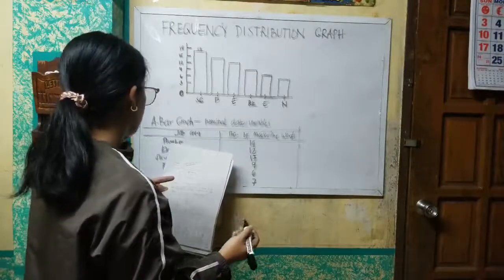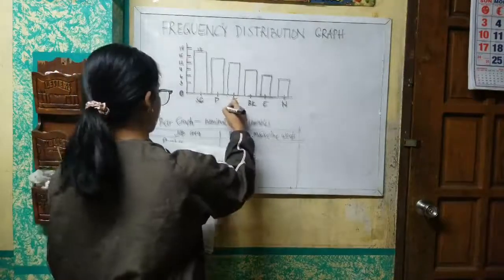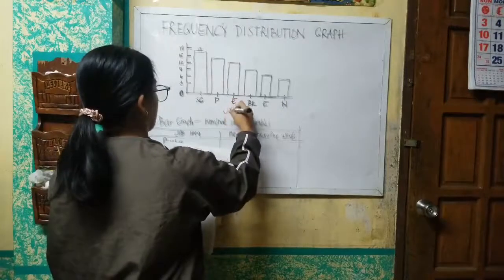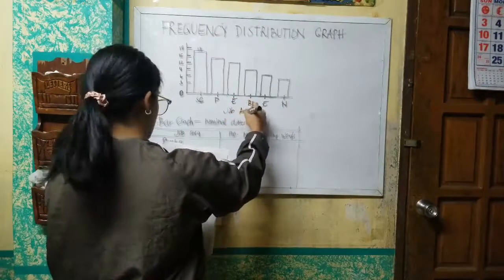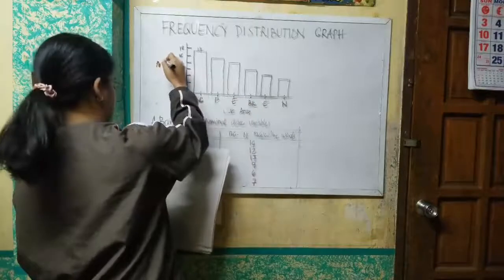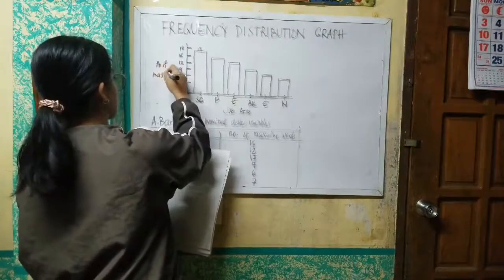And you also write your labels here, for example: job area, and then number of masculine words as the frequency.